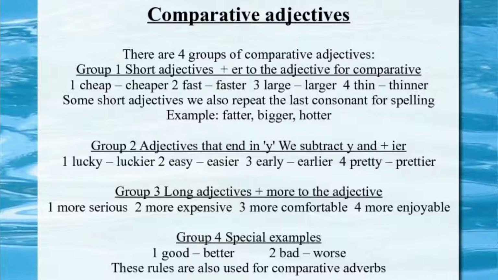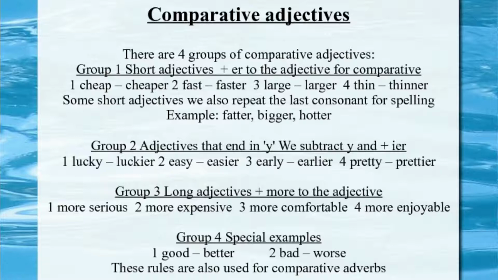So if we look at the first group, this is what we call regular comparative adjectives. What happens is that we add -er to the adjective, and we use this with short words.